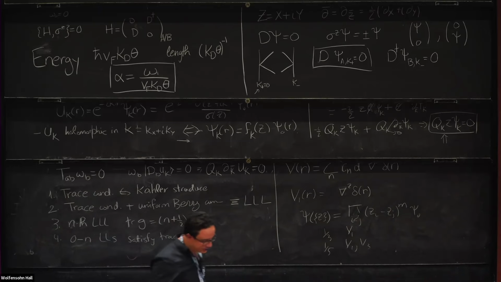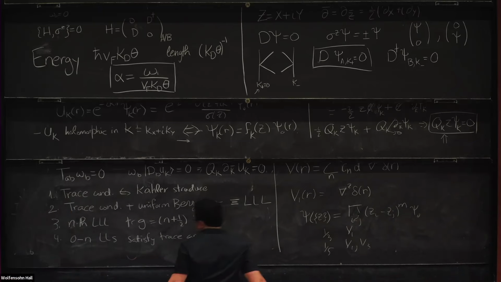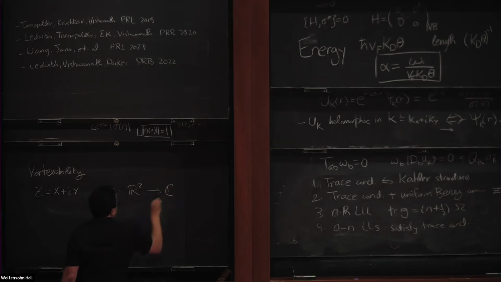But the notion of vortexability also gives you something a bit more, because you can choose to define the vortex function not as the simplest possible choice, which is x plus iy, but you can choose different choices for the vortex function. So the vortex function is some general mapping from R2 to the complex numbers.